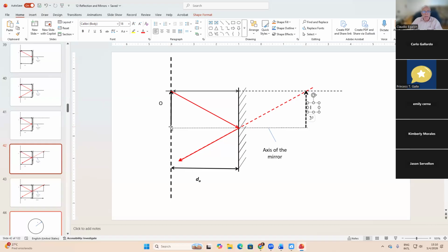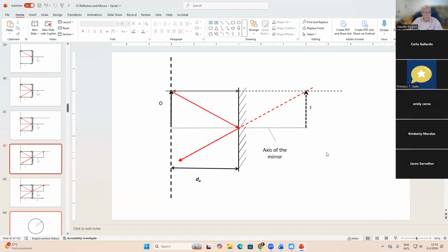The other end of the arrow is going to be formed right in here, right below. And then you can do the same thing here. One point is the tip of the arrow, the other point is the beginning of the arrow. You can do the same thing that you did before, a light ray that goes like that, and you're going to find out that the foot of the light ray is going to be exactly at this point as well.